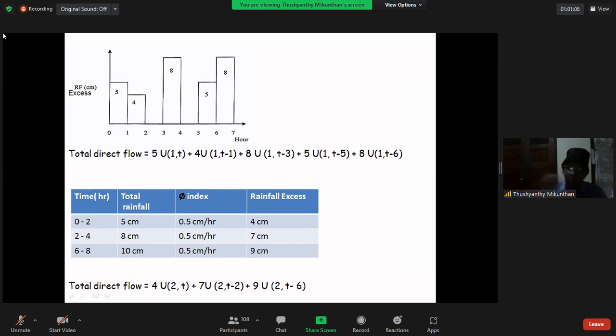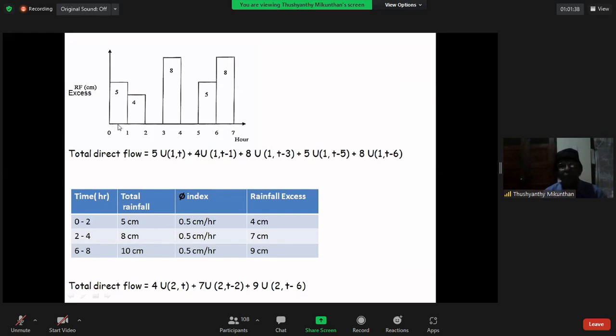Immediately write the excess rainfall with U: 5U, 4U, 8U, 5U, 8U. Then capital T, the duration of rainfall.